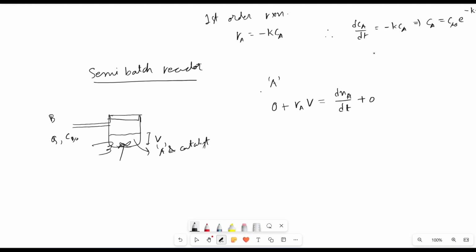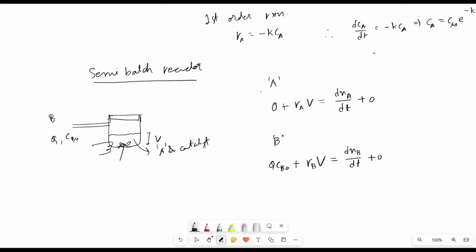This is the A balance. And for the B balance, Q CB naught, this is the inlet term, plus RBV is equal to dNB by dt plus 0.